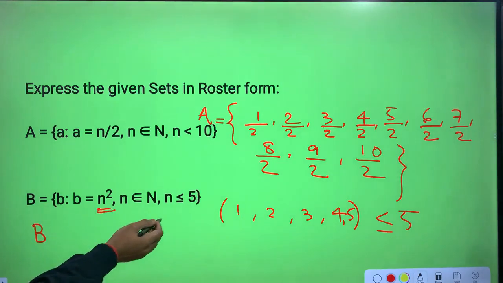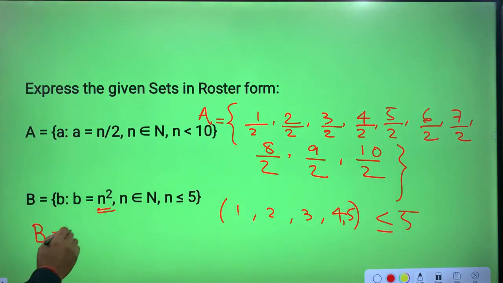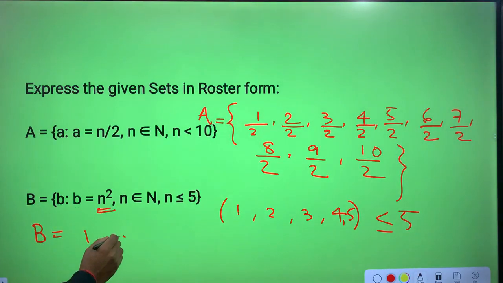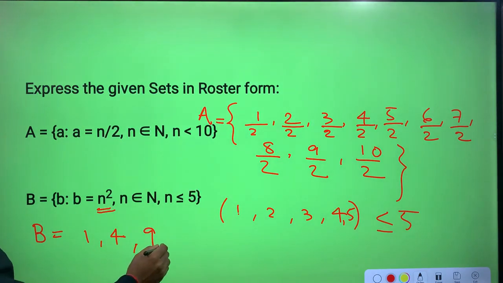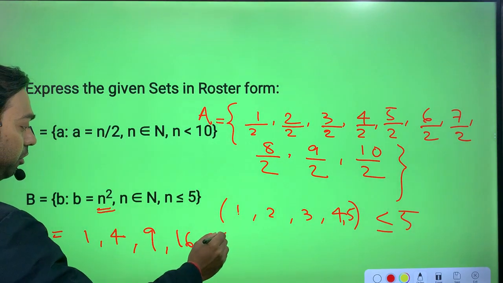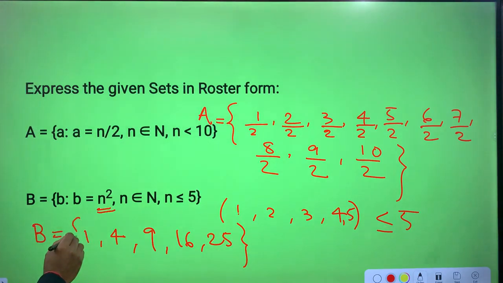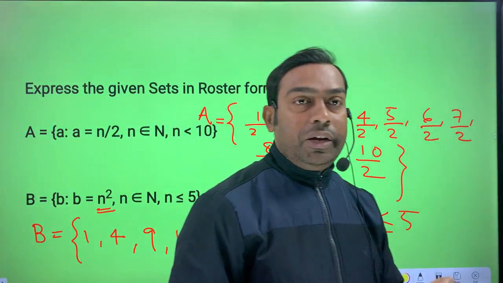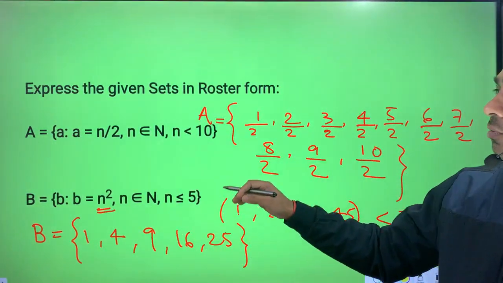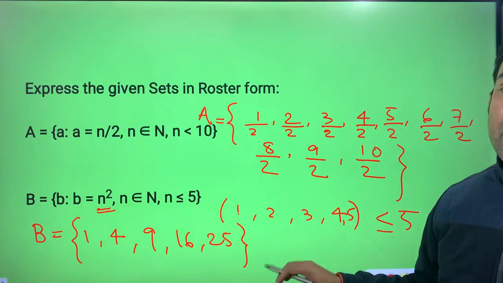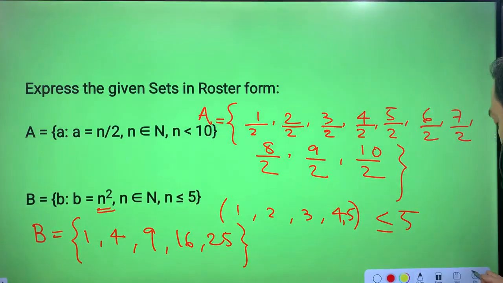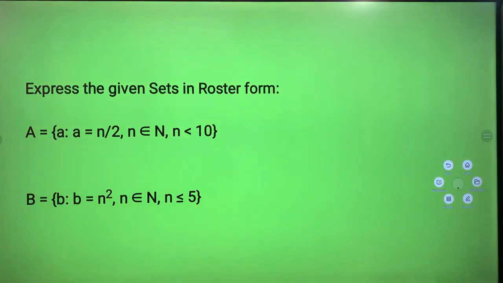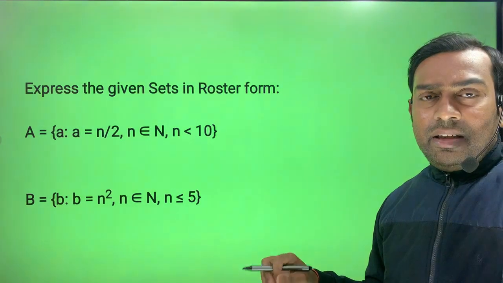So you will take the squares of each of them. So square of 1 is 1, 2 square is 4, 9, 16 and 25, and then again you write them within the braces. This is the simplest way to convert a set builder form of a set into roster form. This is the easiest thing, I must tell you, you can now understand everything.